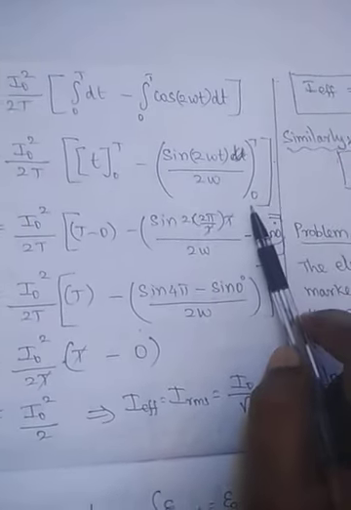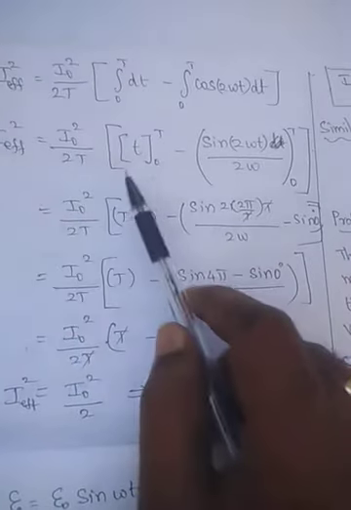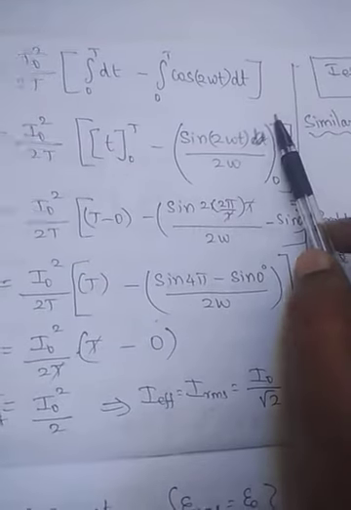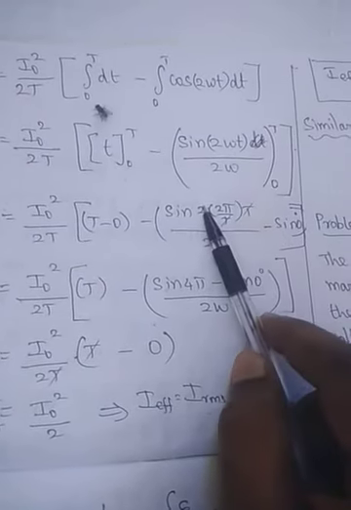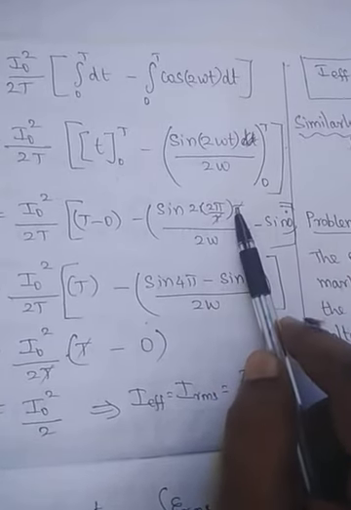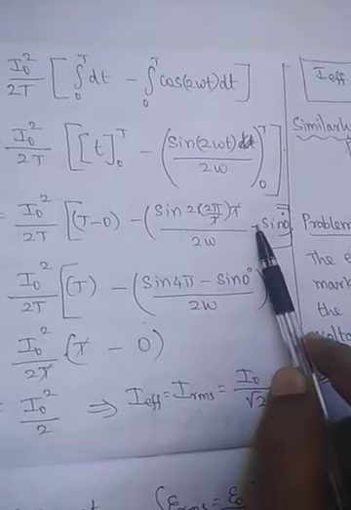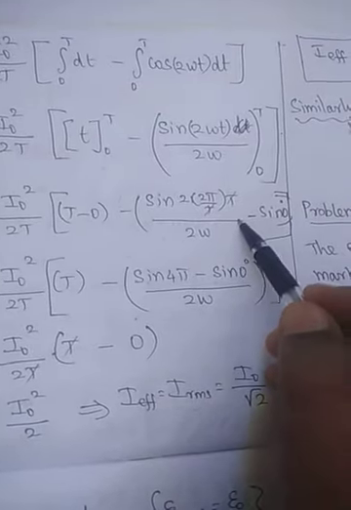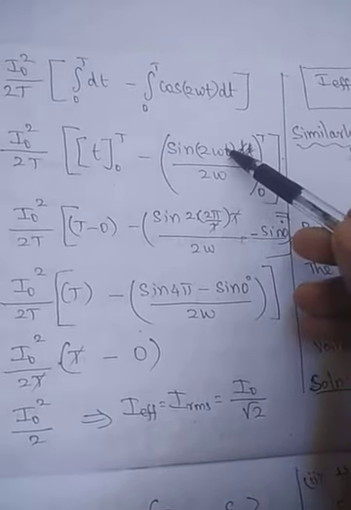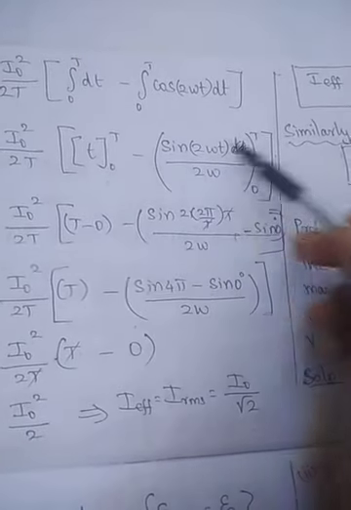Okay, 0 to T. This outside term will be common, then upper limit minus lower limit: minus sin, substitute the upper value T here, 2 omega is 2 pi by T into T, by 2 omega, minus this 2 omega common one, minus, instead of T, you substitute 0, which means sin 0.